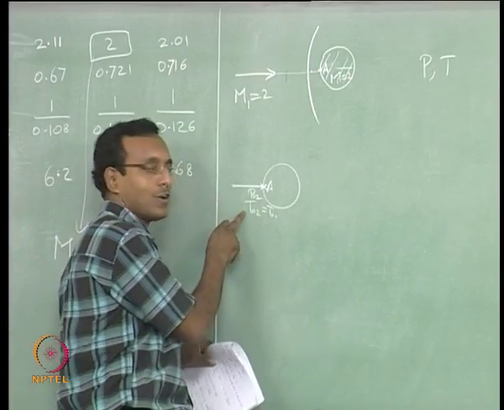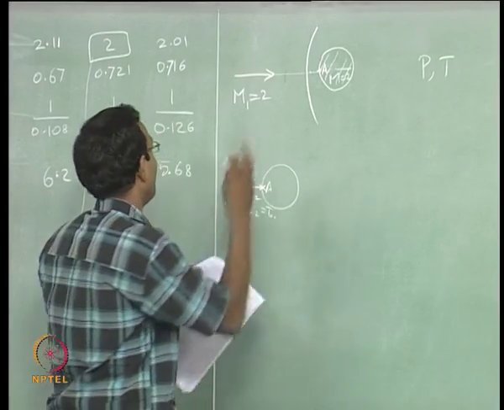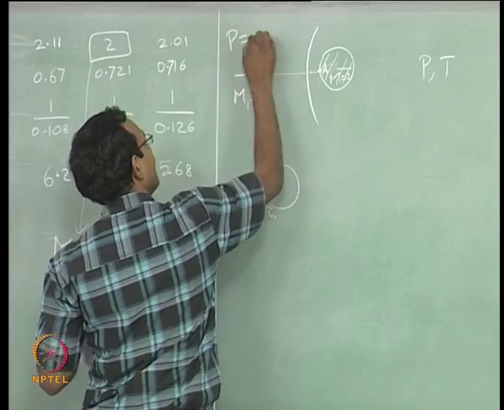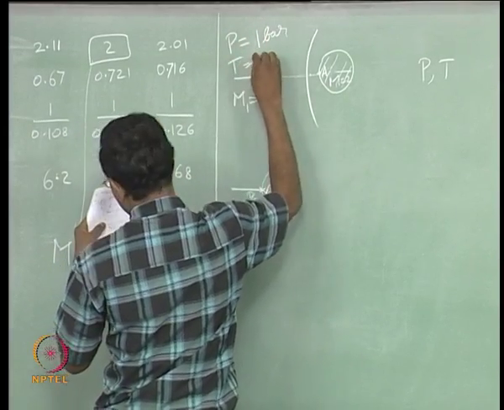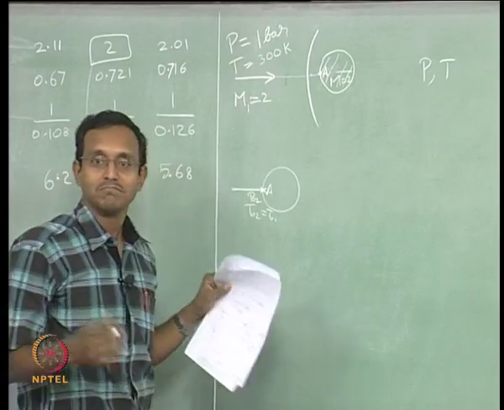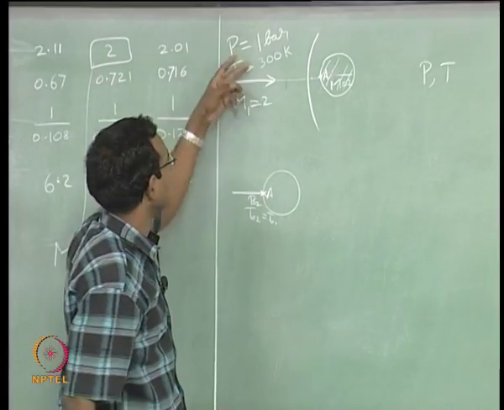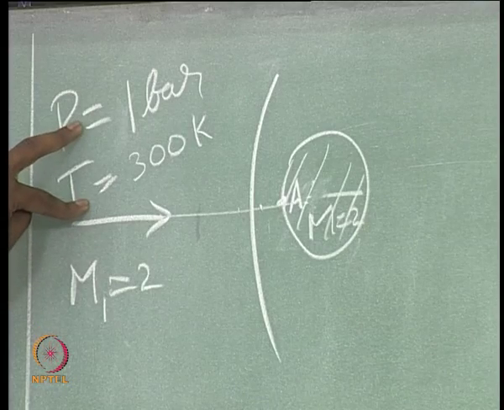So I need to know P naught 1 and T naught 1. That information is given in the question itself. P equal to 1 bar, T equal to 300 Kelvin, somewhat standard conditions. These are static conditions, not stagnation.